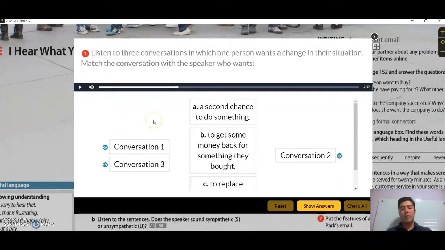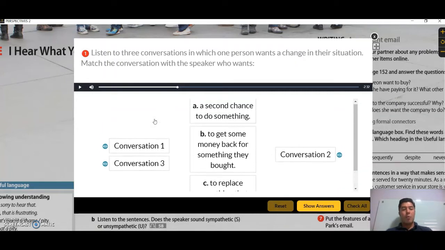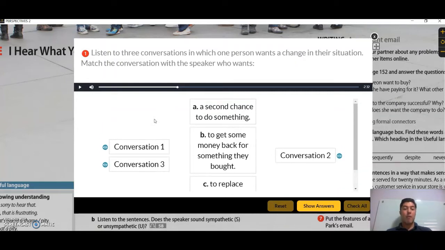Okay, let's pause it to answer the exercise, the first one, and then we'll go with the other 2. Okay, conversation 1. What does it mention on conversation 1? It mentions a kid buying a game for PlayStation, but he had an error because the game that he wanted, he was searching for a PC.